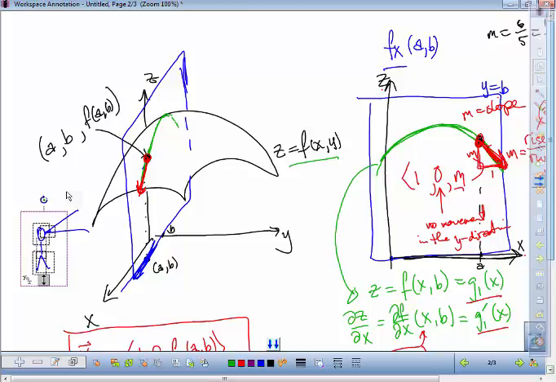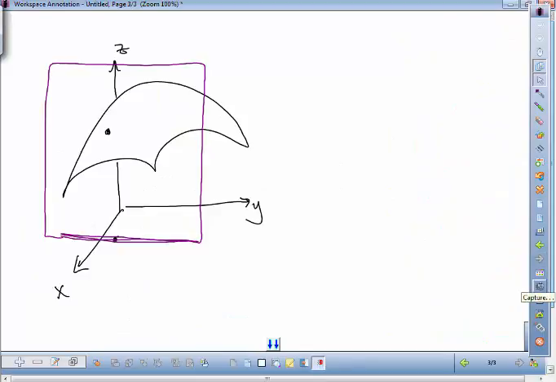Yeah, that's right then. Or left. X would be going the other way, yeah. We don't need to do that.